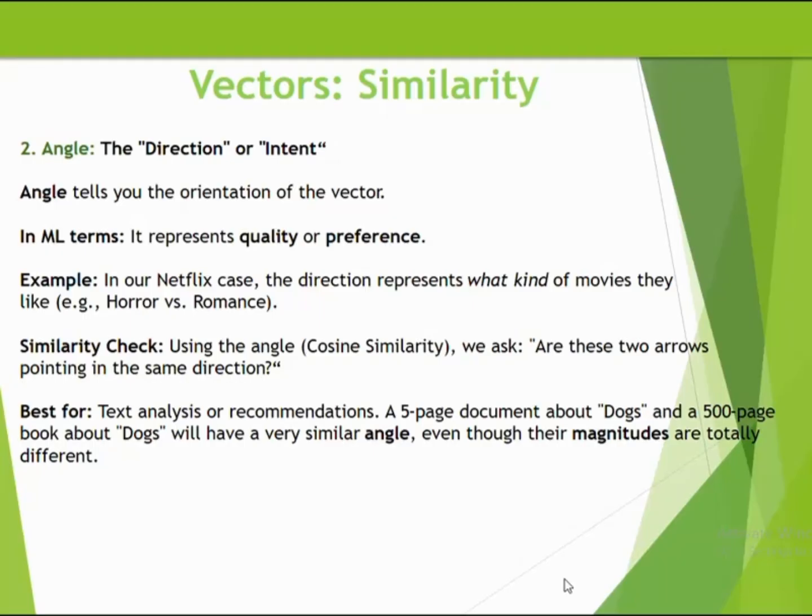We ask, are these two arrows pointing in the same direction? Yes or no. The best example is text analysis or recommendations. A 5-page document about dogs and a 500-page book about dogs will have a very similar angle, even though their magnitudes are totally different.